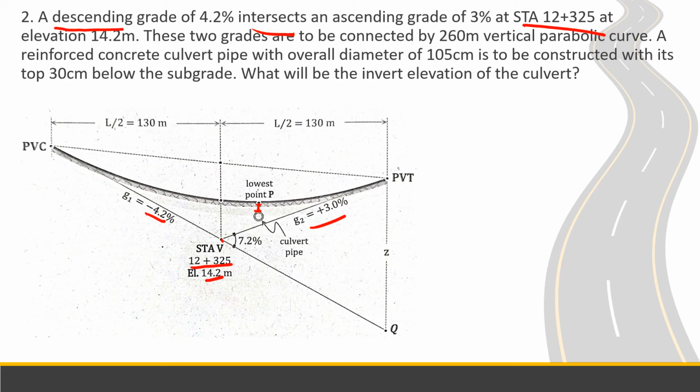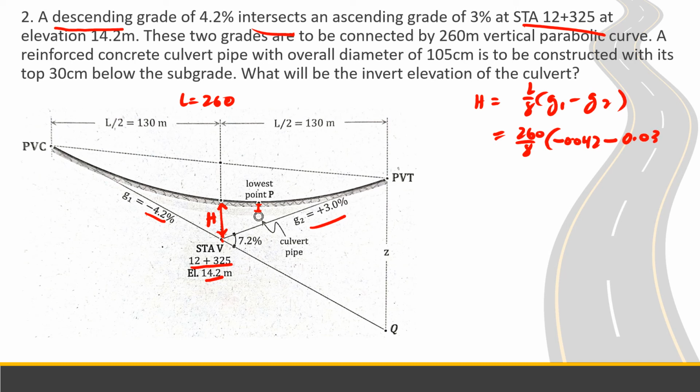Now first we will solve the vertical offset H. H is equal to L over 8 times (G1 minus G2). L is 260. It is still a symmetrical parabolic curve. So 260 over 8, times negative 0.042 minus 0.03.